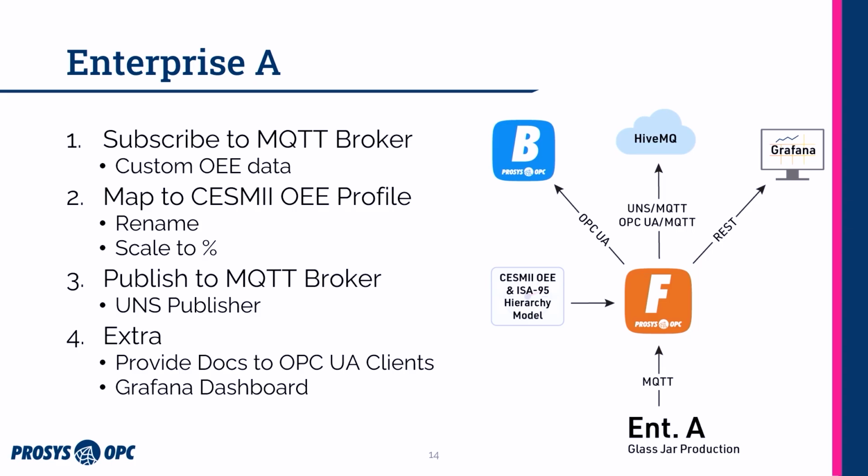And we found out that there is custom OEE data for this enterprise. We mapped that to the standard CESMII OEE profile, meaning we had to rename tags that are available from the MQTT broker, and we had to scale them to percentage. We published that to the MQTT broker using our UNS publisher. And as an extra, we provide dashboards in Grafana. And we can also provide some documents to the OPC UA clients.